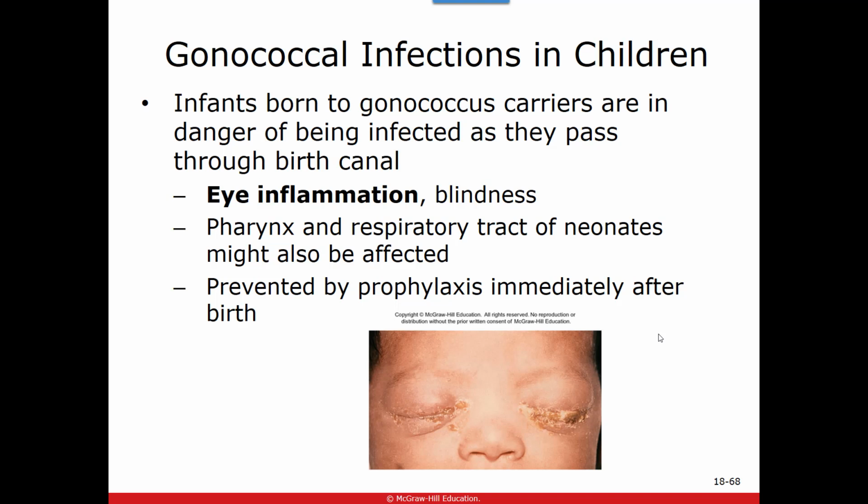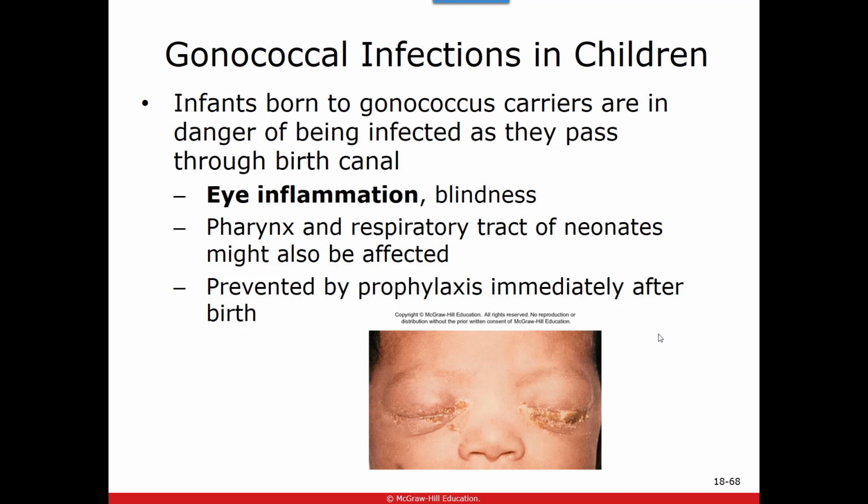It can cause respiratory tract infections, and so a lot of times infants are given antibiotics in the eyes right after childbirth. So if you ever wondered why they put antibiotics and goopy stuff all over the eyes of infants, they don't always test mom for this particular bacteria. So they just put antibiotics in the eyes to try to decrease that chance.